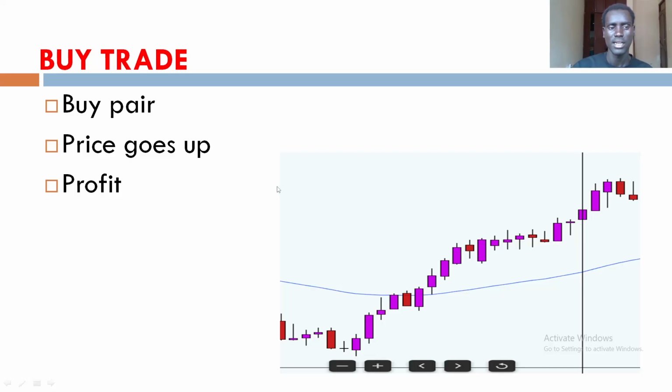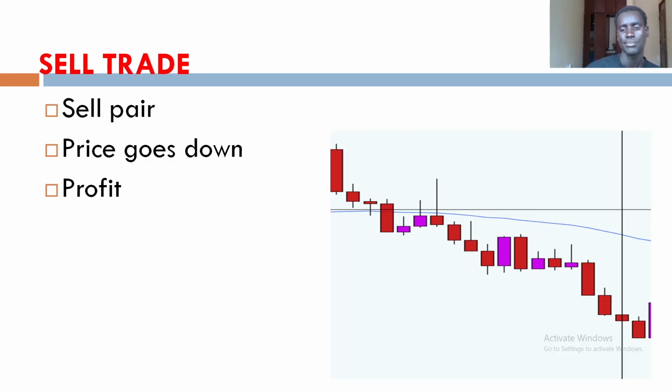When you see them coming down, it means what? Sell, right? The goal in this buy and sell is to make a profit. When you come to the market, you see that the candlesticks are going up, you place buy, and when you see that they are coming down, you place sell, and you make what? You make profit.